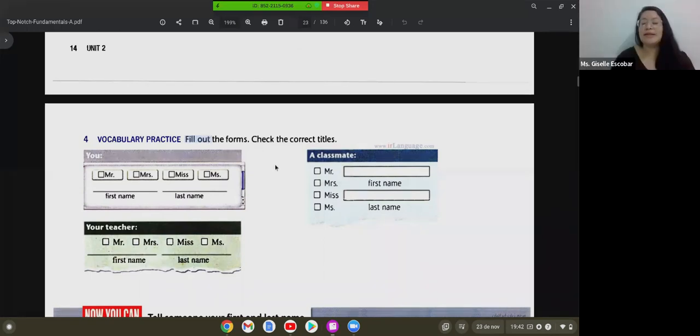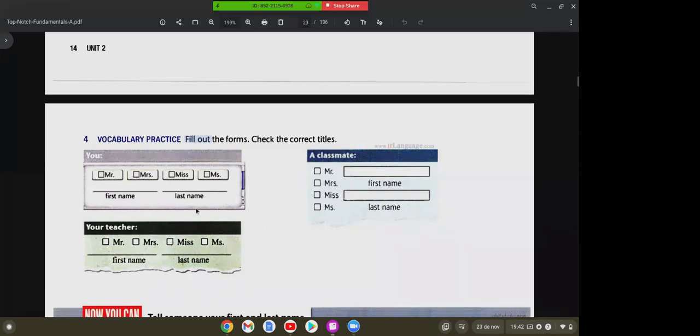Fill out significa llenar. Se usa más que todo cuando estamos hablando de documentos o de trabajos donde tenemos que llenar con datos, con información. Entonces, fill out, rellena.